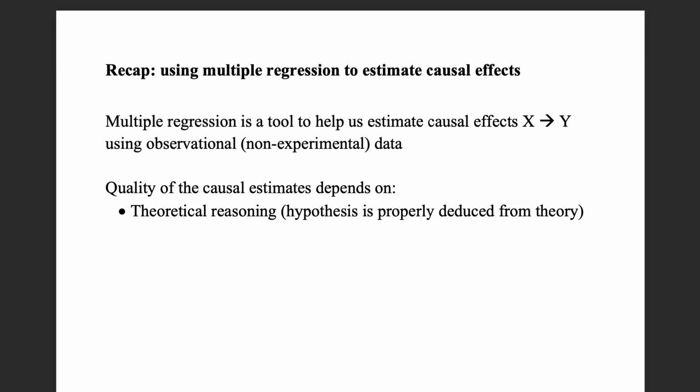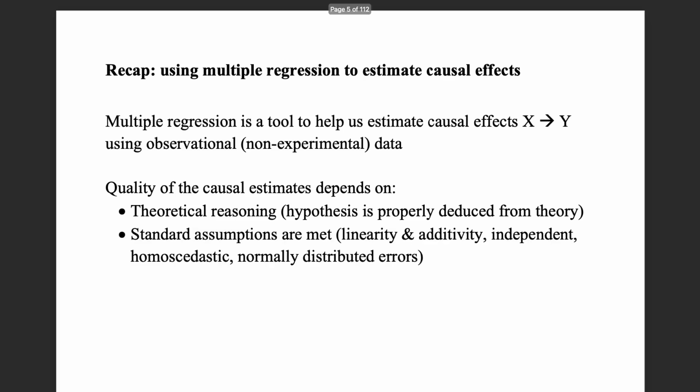Is it really a good test of your theory? Always very important to remember. A hypothesis ultimately is also just a way of evaluating theories, but that implies that you have really thought well about whether you properly deduced this hypothesis. So is it really the case that if the theory is true, I should be seeing this causal effect in my observations? So it's always important to remember.